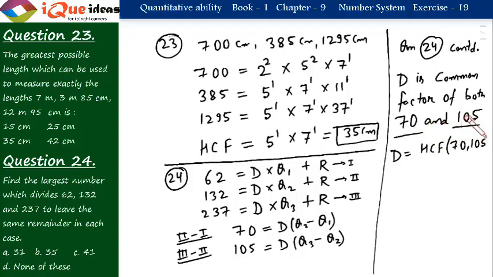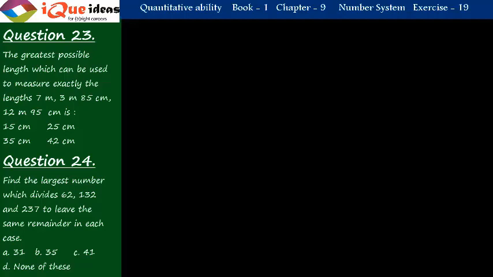So D has to be the HCF of 70 and 105. Now by factorization you can see 70 is 35 into 2, 105 is 35 into 3, so clearly D value is 35, right? So the required divisor or required number for this question is 35. Okay.